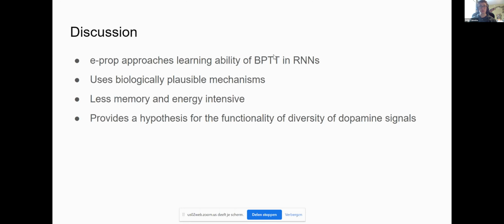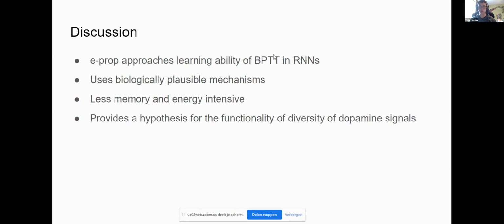Last, what the authors of the paper found is that this provides a hypothesis for a newly experimentally found observation: that dopamine signals to different populations of neurons also differ.